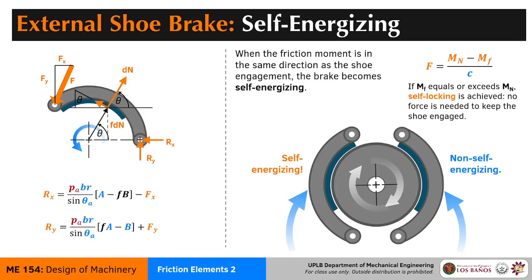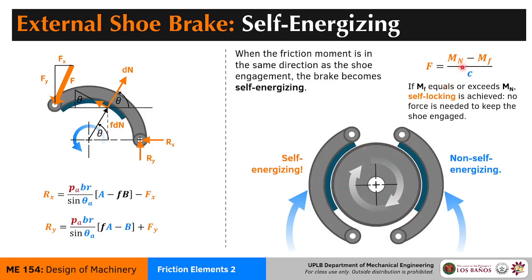Right? So if MF here is actually equal to the normal moment, you get this situation of what we call self-locking. So essentially, the drum itself will do that exertion of the braking for you.